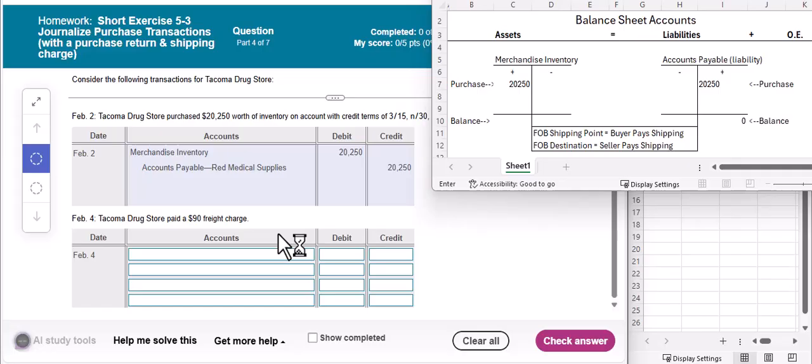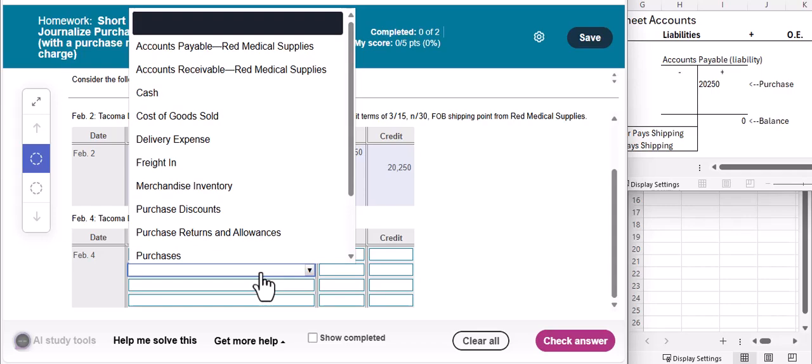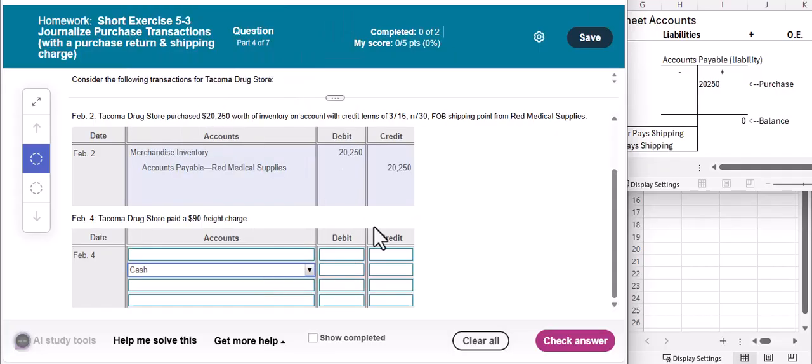We'll start with cash. So which way is cash going? Cash is going down, and since it is an asset, it will be going down on the credit side. So I'm going to lower cash, and I have to put it on the second line. Debits come first, and then credits second on here. So we have cash that we are reducing by $90 since we are paying cash for the shipping.